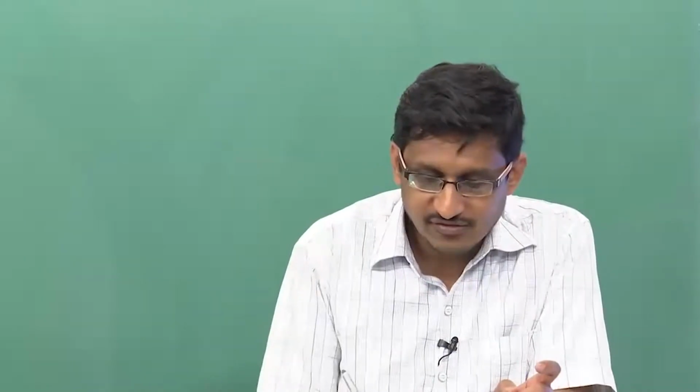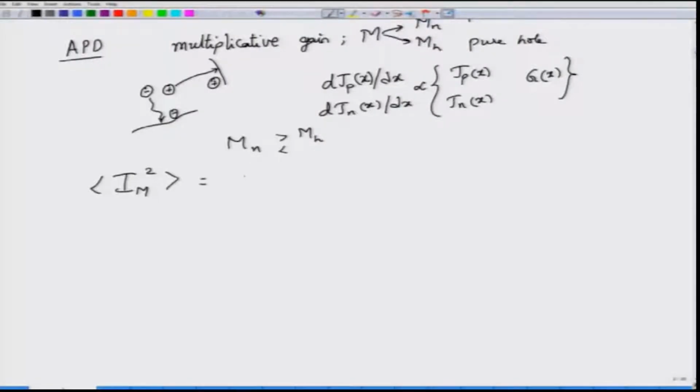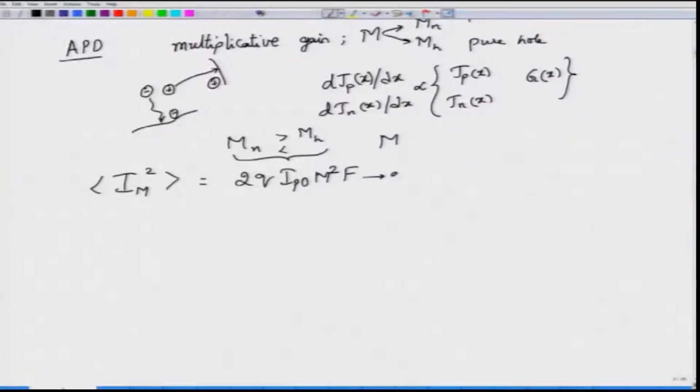The variance of this fluctuation process is given by, so there is an effective M that goes along with this Mn and Mh, and then the fluctuation of the current itself is given by 2q IP0, where IP0 is the primary photocurrent that is generated, times M squared and F. M squared is the multiplicative gain parameter squared, and F is what is called the excess noise factor.